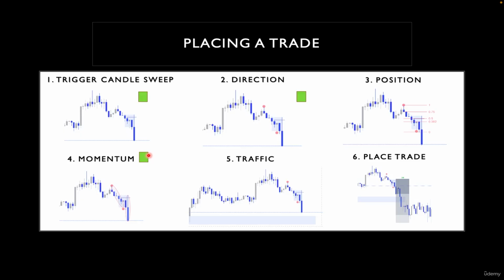In a lot of my backtesting, I've seen these 3 things with not great position and sometimes in traffic, but because the strength of the trend is so strong, we've just powered through demand and supply zones. So obviously, for ideal trades, you want to be ticking all the boxes in this process. But if you're going to prioritize over others, then trigger candle sweep, direction, and momentum.